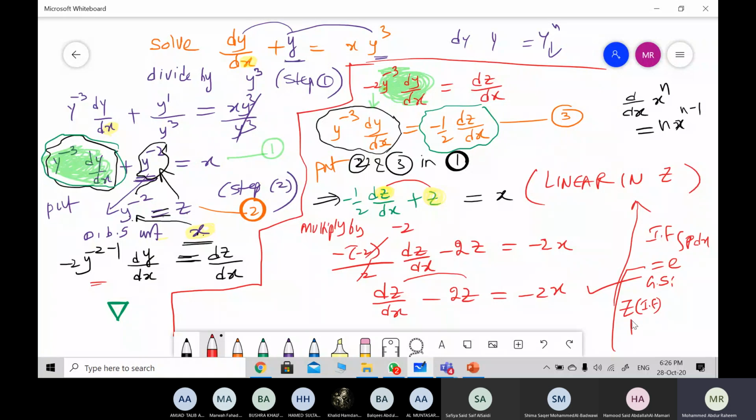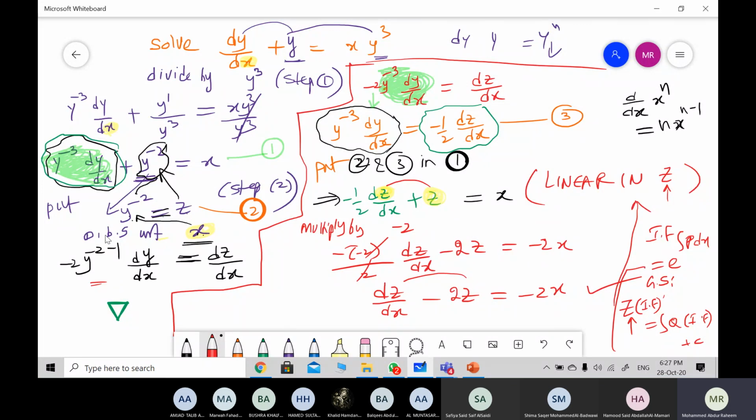Because it is linear in Z. If linear in Y, Y. If linear in T, T. Understand? Z times IF equals integral Q times IF plus C. Clear? That will be the next step. Can I go to the next step?